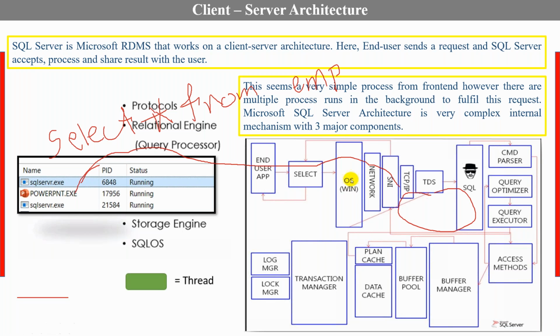If tomorrow I execute the same select statement without any changes, and without any changes means you need to see the spaces as well, it will use the same plan which is available in the plan cache. That is also one key factor everyone needs to remember. Your command parser will parse the request, and along with it will also check whether any plan is available in the plan cache.